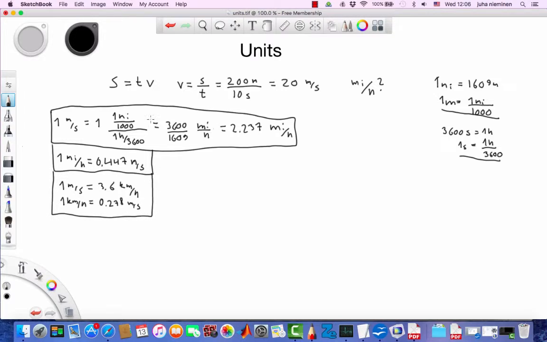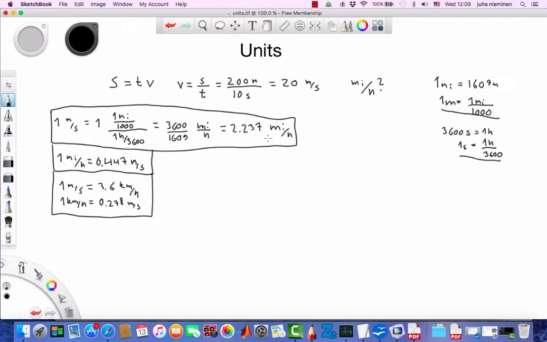We can do these unit conversions in the way that I showed to whatever units you will encounter, but these are the most usual ones that you will need, especially when we are calculating mechanical motion and the velocities involved.